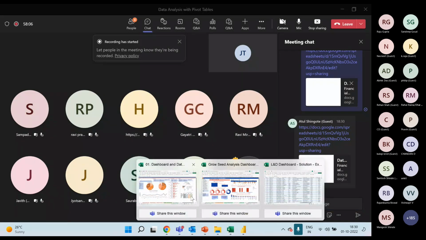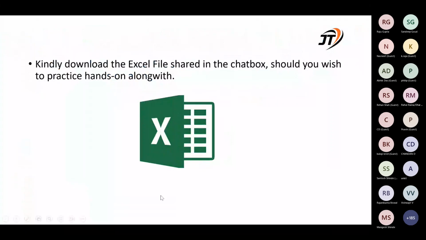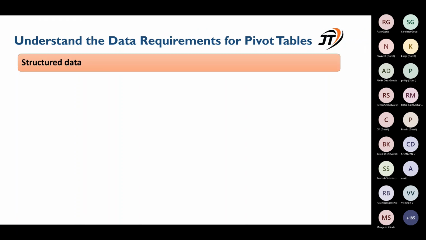Let me also very quickly take you through how pivot tables are useful and what the data requirements are. So we'll work on it, but let's first understand the data requirements. Number one is that pivot tables are possible with structured data. If the data is unstructured or has empty rows and columns, especially columns, the pivot table will not be created.